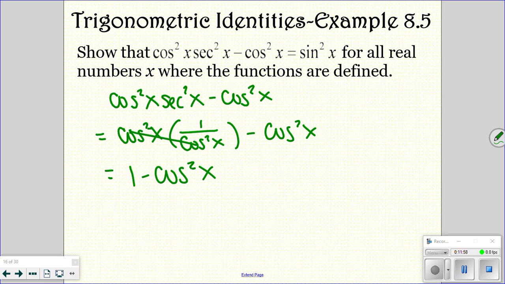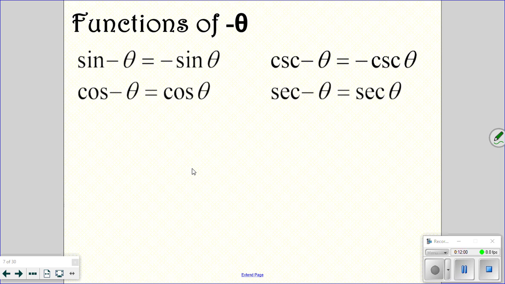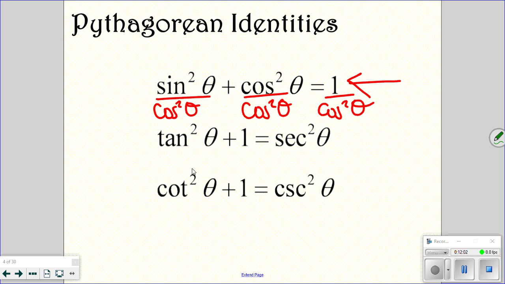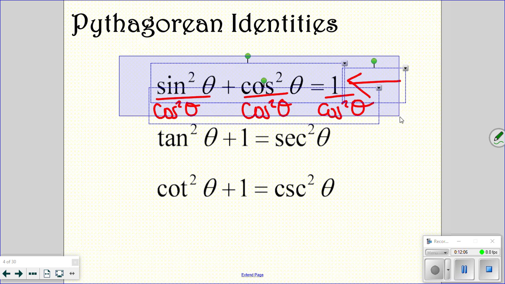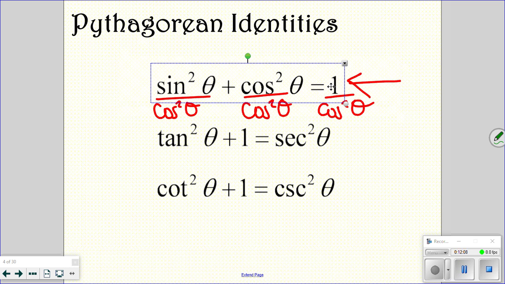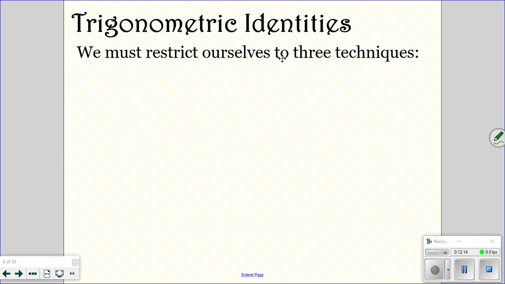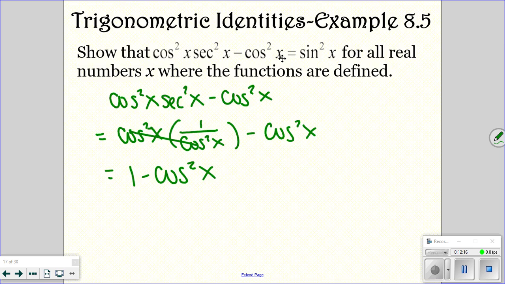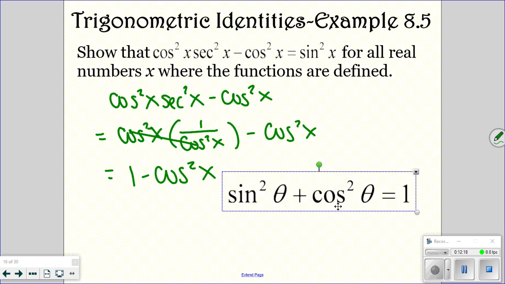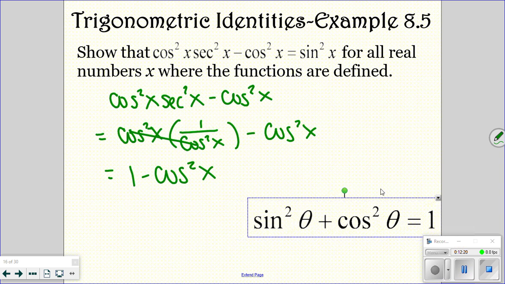So I'm going to go back to the beginning and show you these. This is the one here that I'm going to take. This is the one that's important for this example.